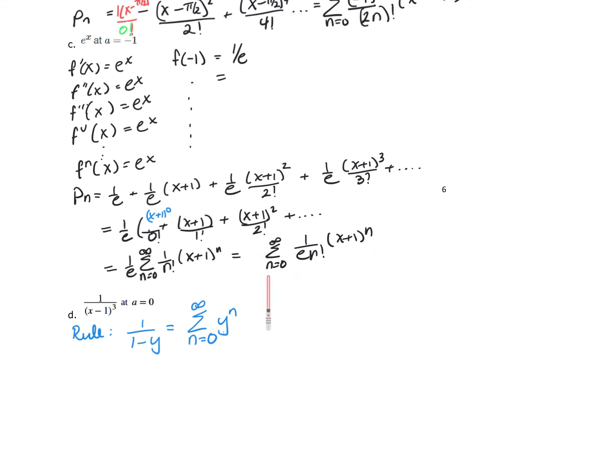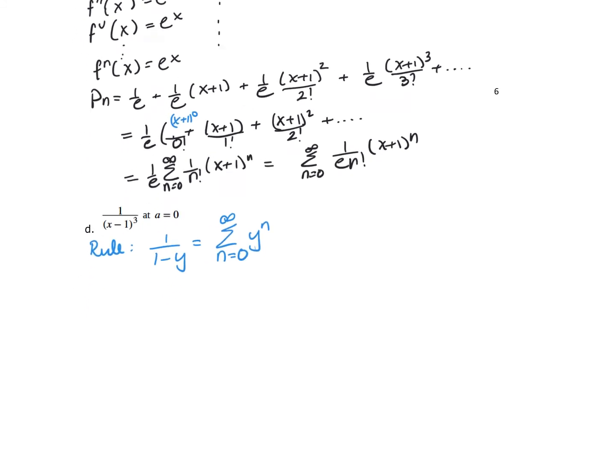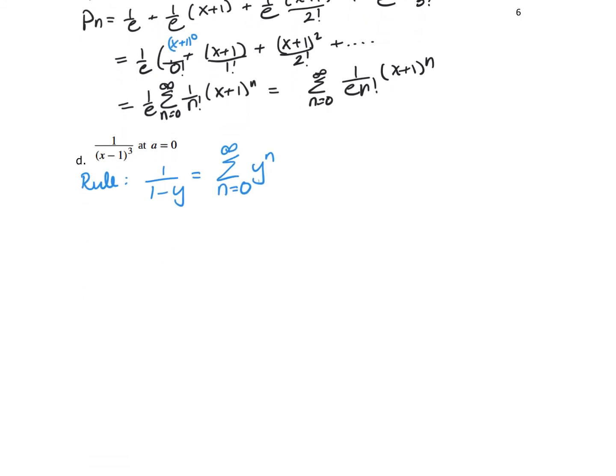So if I'm centered at -1, then this is my series. This can represent e to the x. So I'm trying to figure out what kind of series can represent this. I remember that the derivative d/dx of 1 over 1 minus y is going to be negative, negative, so it becomes positive 1 over (1 minus y) squared.